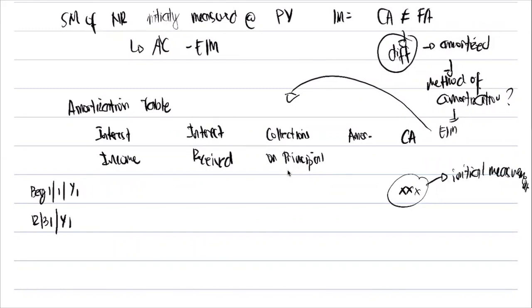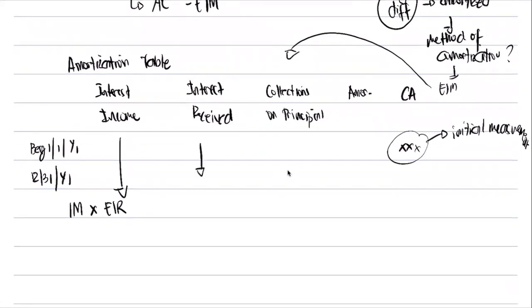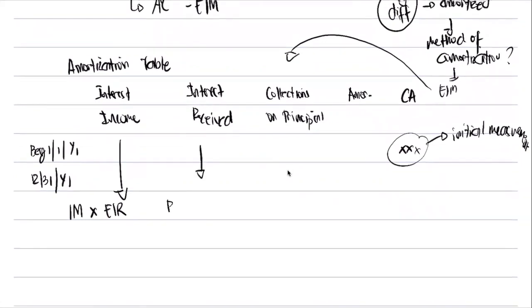Your interest income is computed as equal to your initial measurement multiplied by your effective interest rate. Interest received is equal to your principal balance multiplied by your stated or nominal rate.